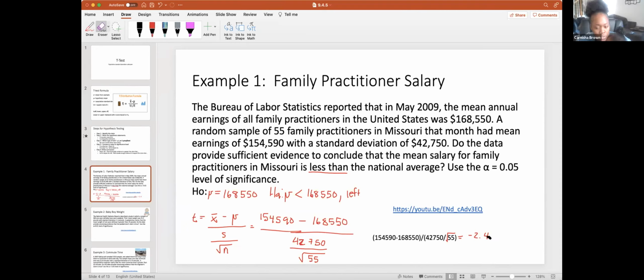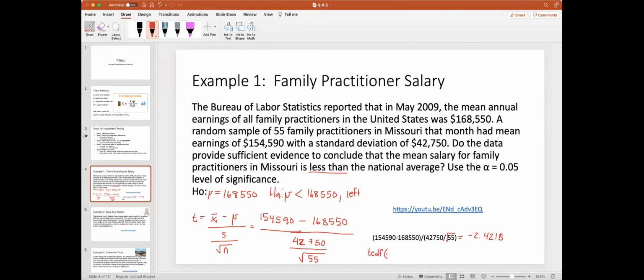I have negative 2.421. Yes, so I might have misheard. I'm sorry if I misheard that when you were saying it. Negative 2.4218. Is that what you get if we carry it out to 4 decimal places? Yes. Okay, perfect.